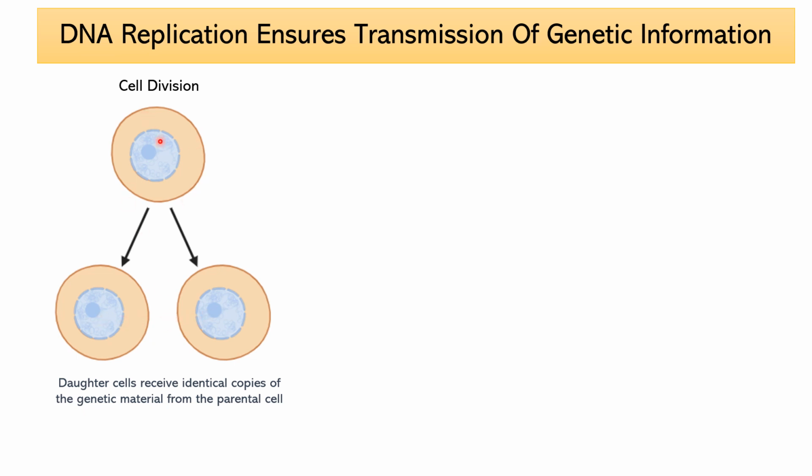The DNA during cell division will be duplicated within the parental cell, and then each daughter cell will have an identical copy of the DNA of the parental cell.